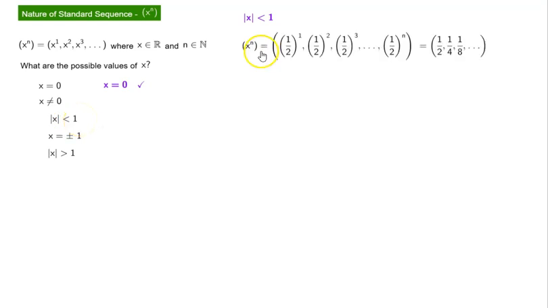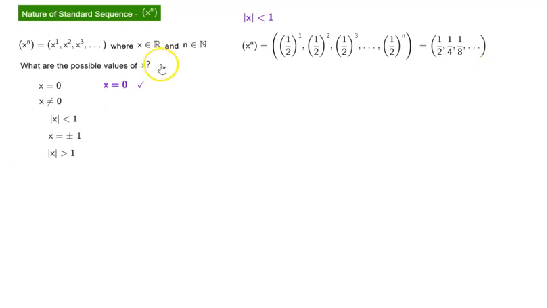Now let's look at the second case. Magnitude of x is less than 1. For example, if we take x as 1 by 2, it is less than 1. That is, magnitude is less than 1. So 1 by 2 to the power of 1, 1 by 2 square, 1 by 2 cube, and so on, which gives us 1 by 2, 1 by 4, 1 by 8, and so on.